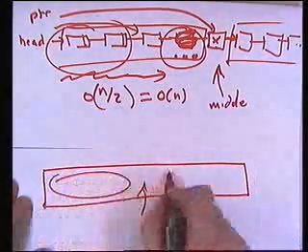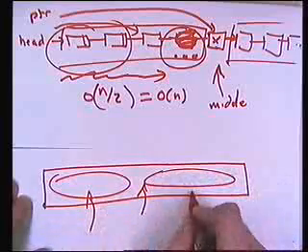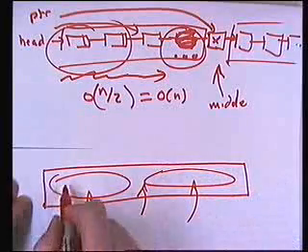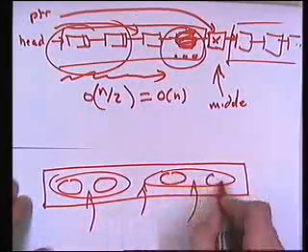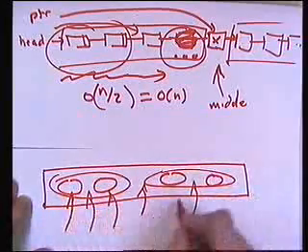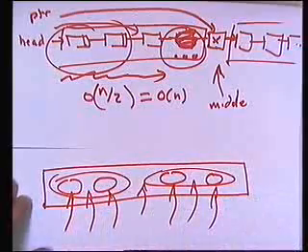Then since that lets me search the left or right half, I would need a pointer to both of those midpoints. And based on that comparison, I might search the left or right half of that list, or the left or right half of that list. So I need a pointer to each of those midpoints.